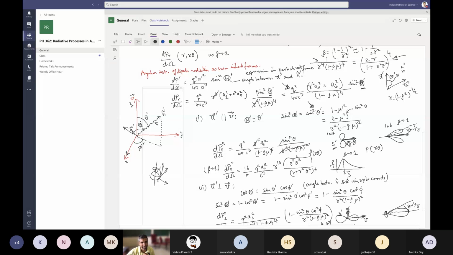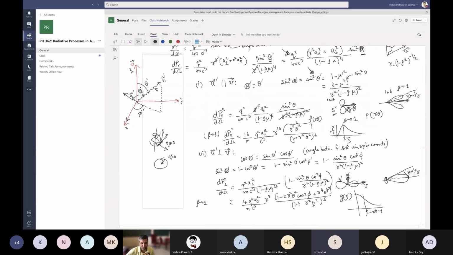In some cases we can consider that acceleration is towards the center, so acceleration is perpendicular to the direction of velocity, so a perp is not equal to 0. If you have electrons going like this, the acceleration is towards the center and velocity is perpendicular to it. So a parallel is 0 and a perp is not 0. We can apply these formulas, and we will do that when the time comes.